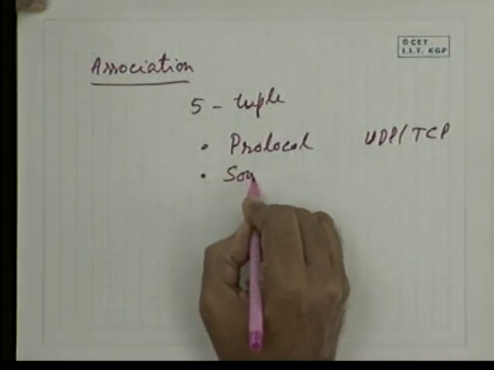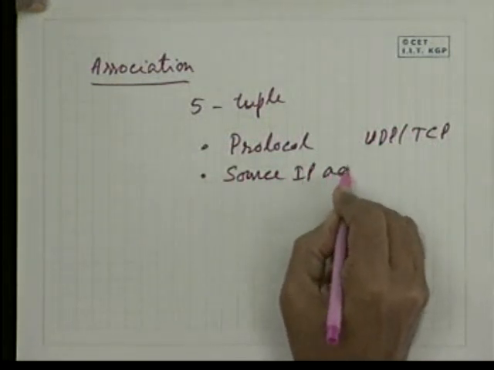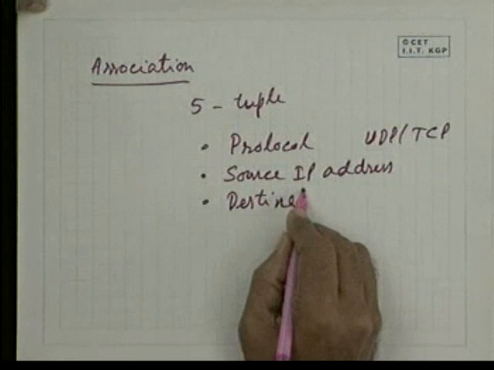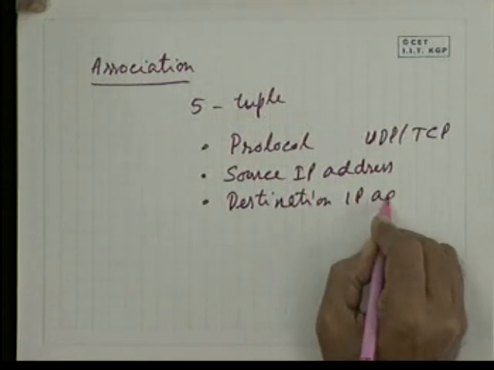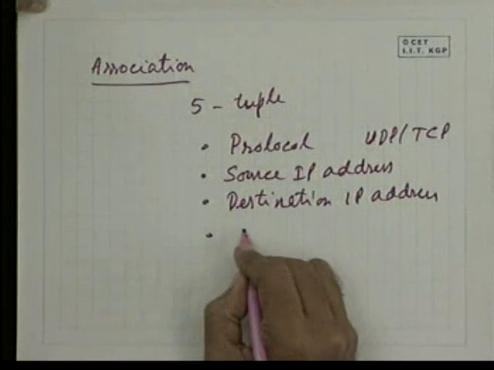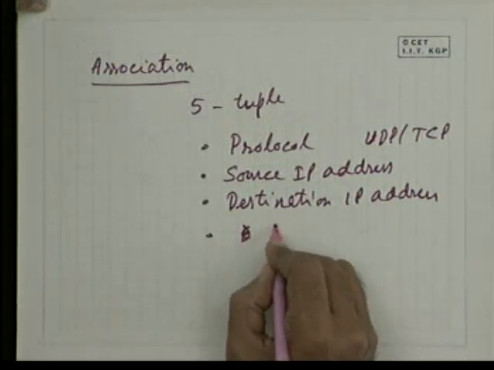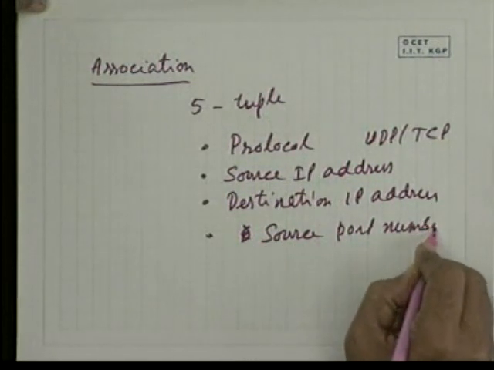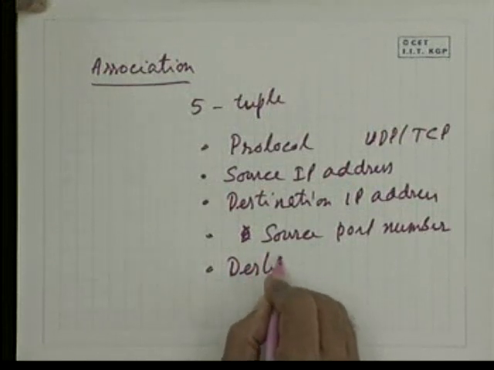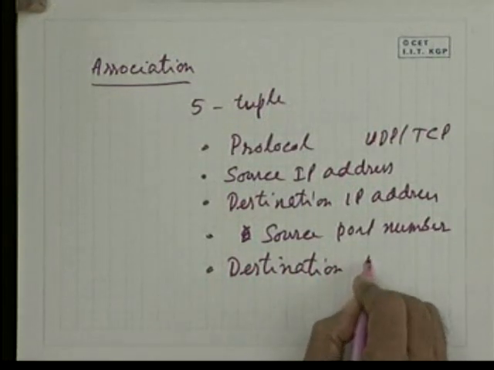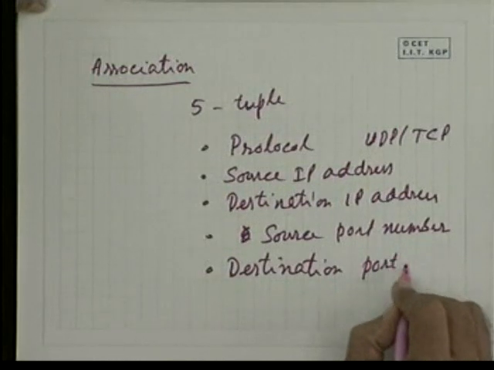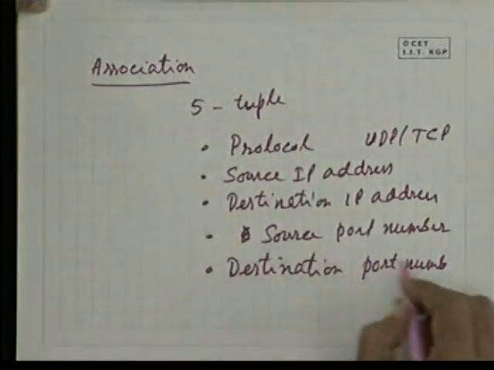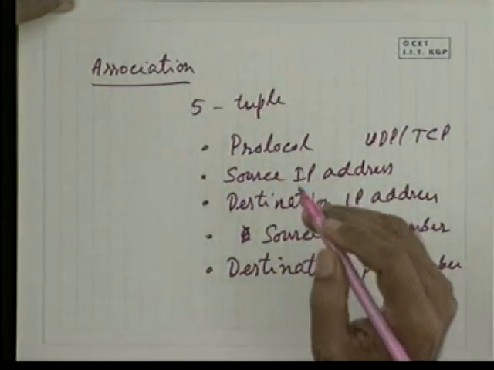Then the source IP address, then destination IP address, then you have got the source port number, and the destination port number. So these 5 tuples uniquely make the association between a pair of applications.